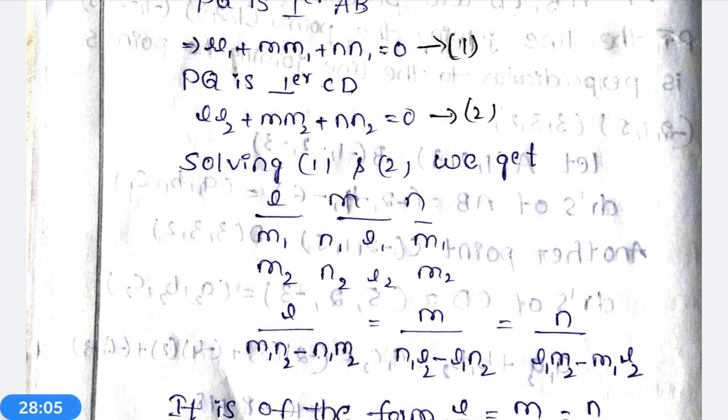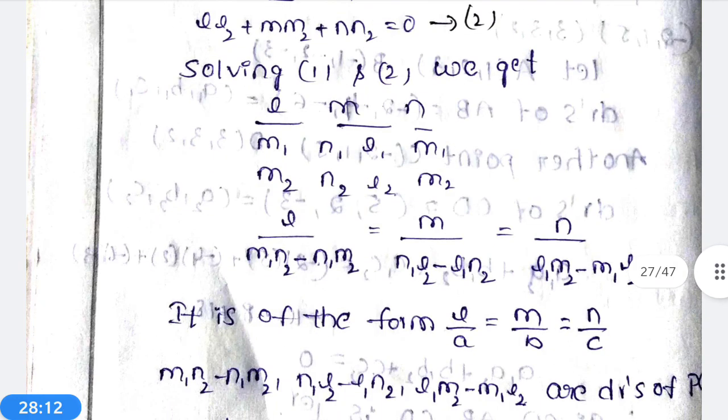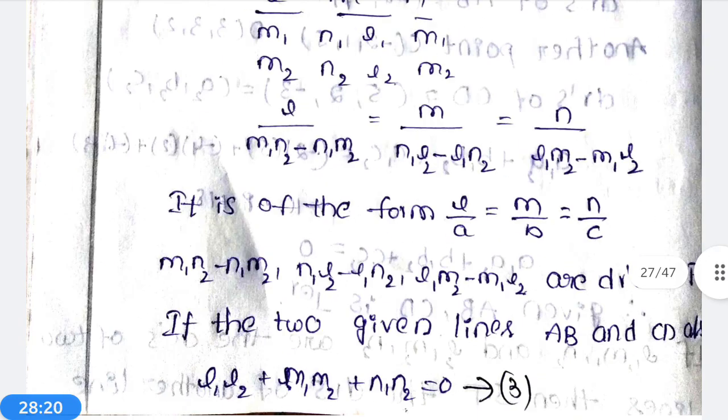Solving 1 and 2 by the cross multiplication method will give L by M1 N2 minus M2 N1 is equal to M by N1 L2 minus N2 L1 is equal to N by L1 M2 minus L2 M1.